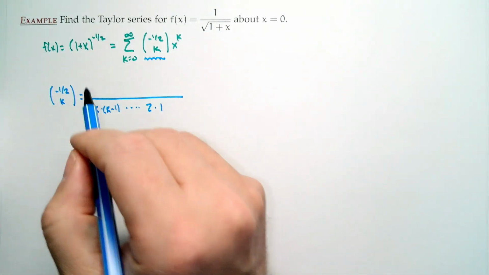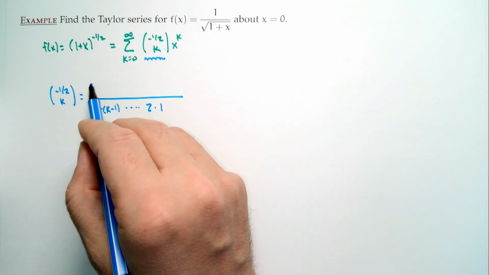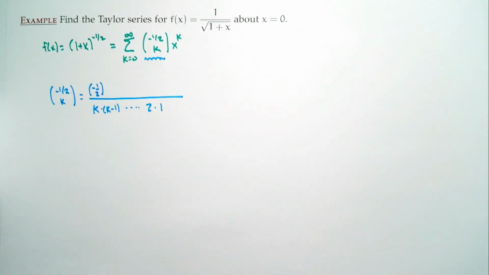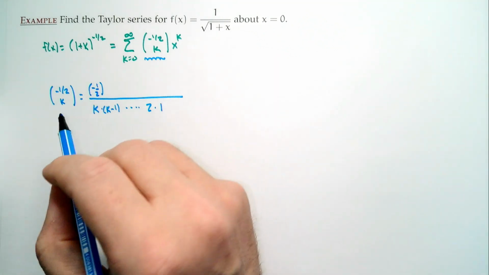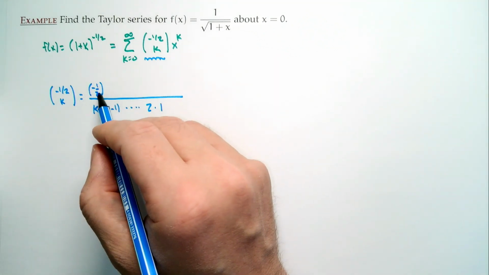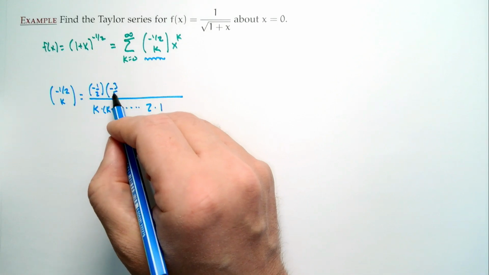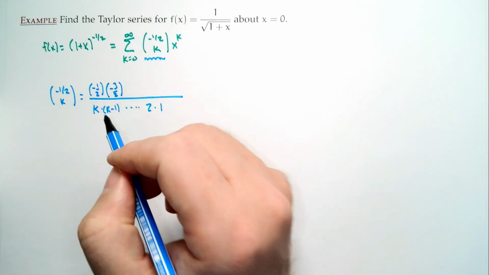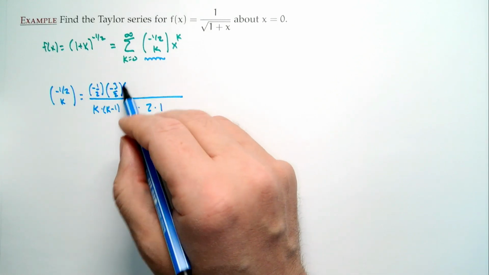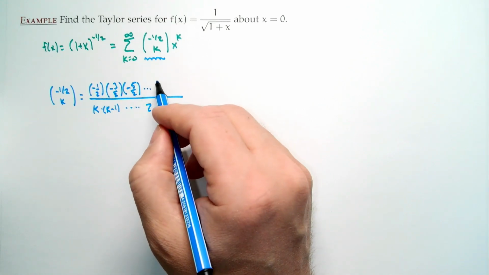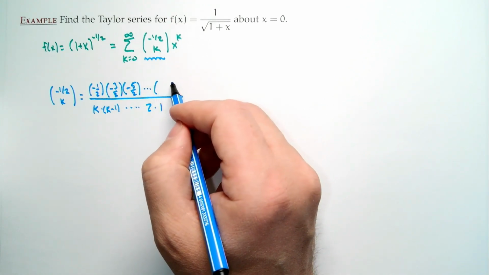Now in the upstairs, well, we're going to start with 1 over 2. And now what's the next term going to be? Well, if you subtract 1, you're going to end up with minus 1 over 2. And then how about the next term? Well, that'll be minus 3 over 2. And you're going to keep going until you get to the very end.